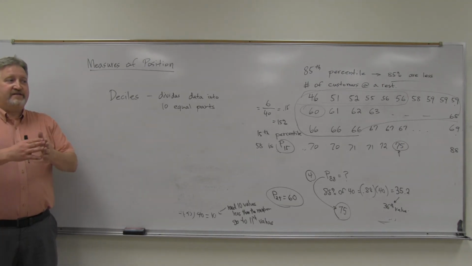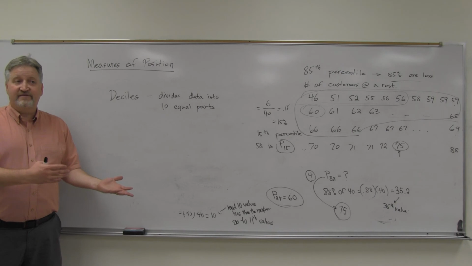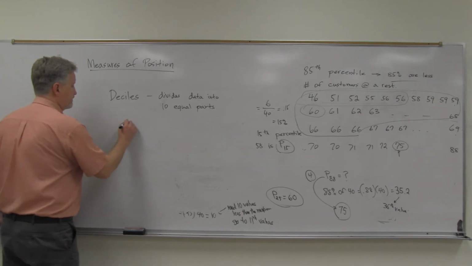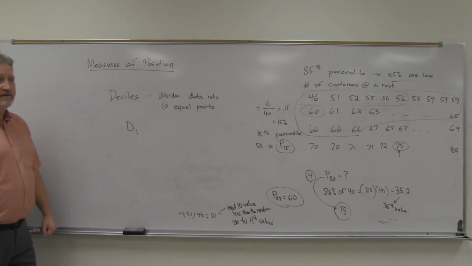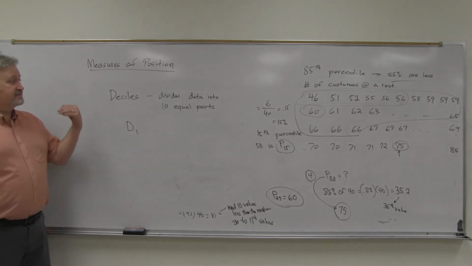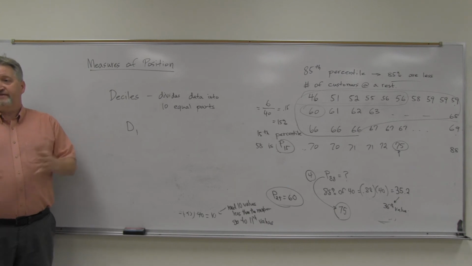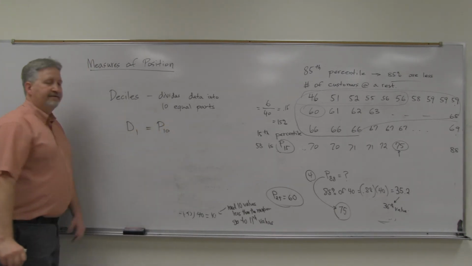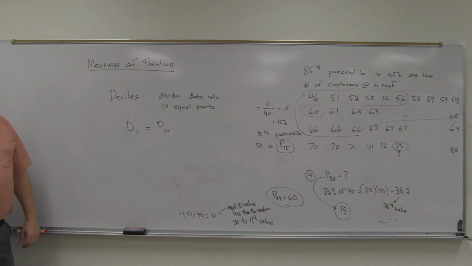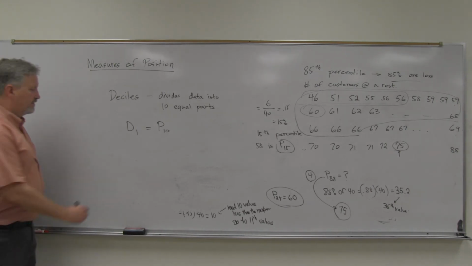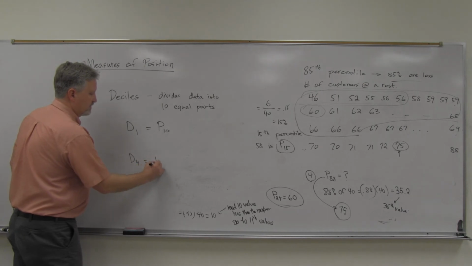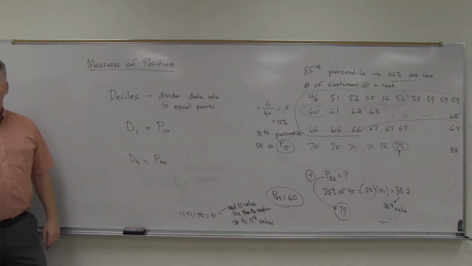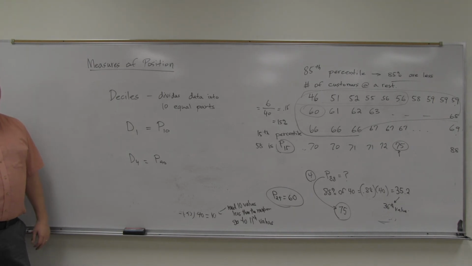So basically, each decile represents a 10th percentile. If I have D1, that's the first decile, it's the first 10% of the values. If it asks for the second or third, so the fourth decile, that would be dividing up into tens, so that would be the 40th percentile more or less.